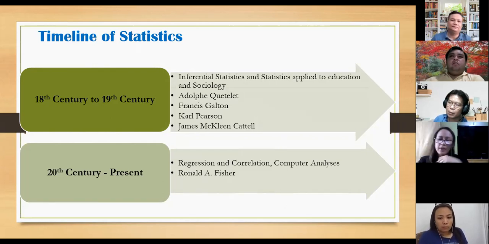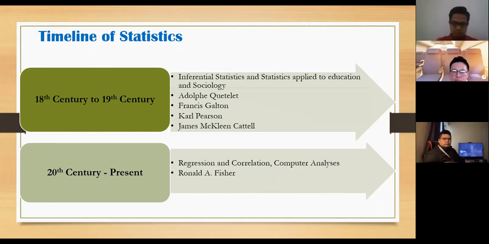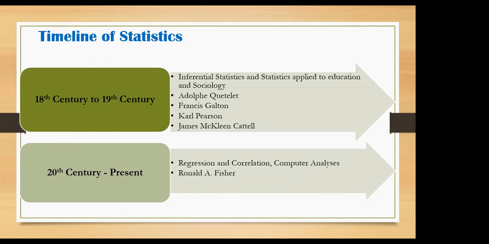A famous Belgian statistician by the name of Adolphe Quetelet applied statistics to the investigation of social and educational problems. He was able to develop statistical theory on a general method of research to science. Then we have Francis Galton, who created the concept of correlation, or measures of agreement between two variables.